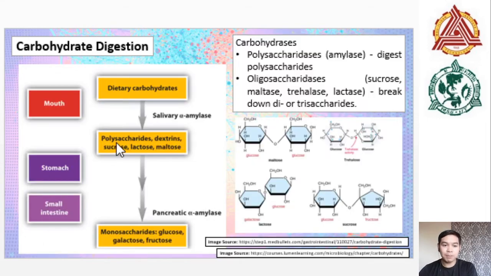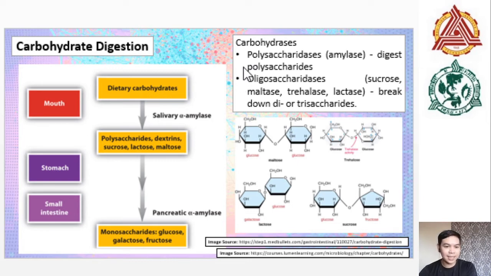The enzymes responsible for the digestion of carbohydrates are known as carbohydrases. Their job is to break the glycosidic bond that links individual monosaccharides to form di-, tri-, and polysaccharides. In general, carbohydrases may be divided into polysaccharidases or oligosaccharidases.